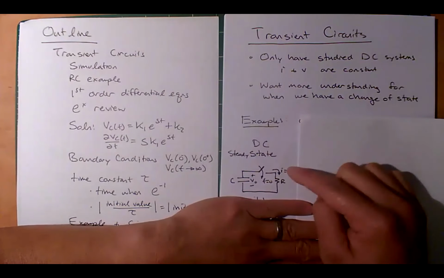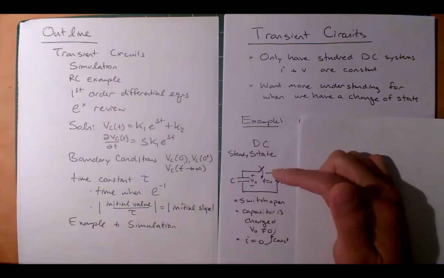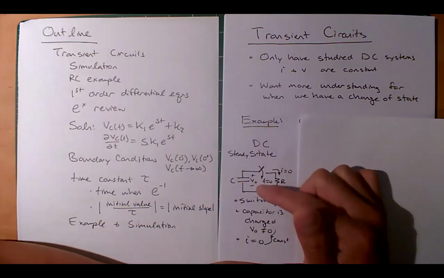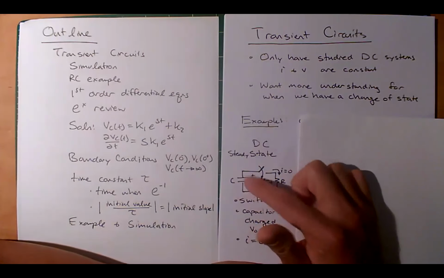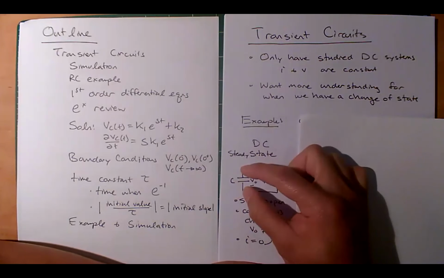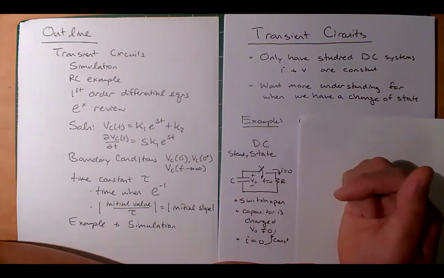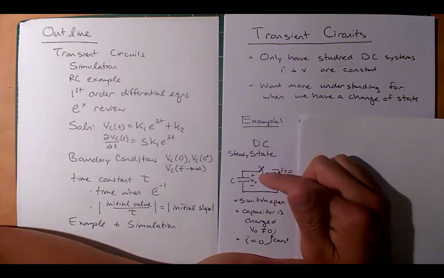So everything's constant, right? Now I have this switch, and let's assume that the capacitor is charged. So there's some non-zero voltage on here. Somehow this already had some voltage across it, maybe 5, maybe 10 volts, something like that, okay? And now, if we close the switch, I think you guys can already imagine what's happening.